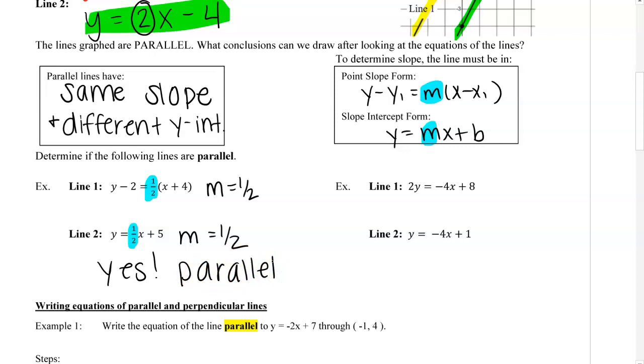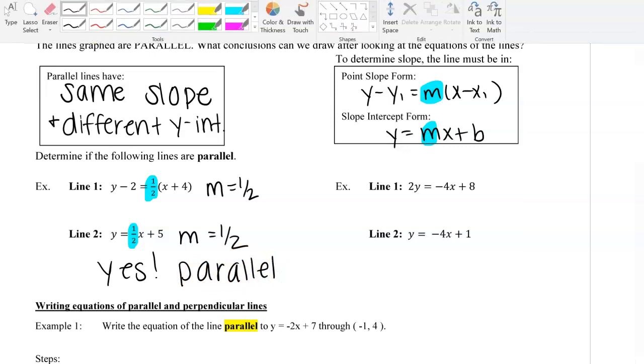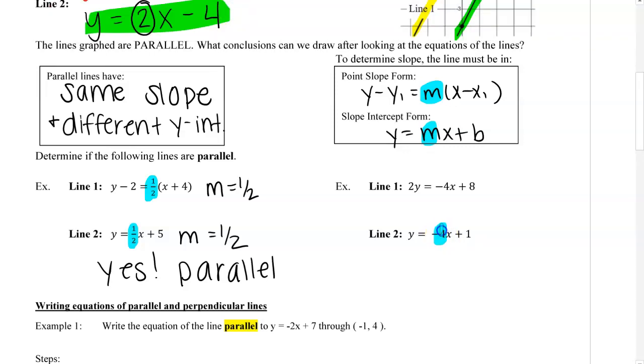In the other example, in line 2, I can already see my slope is -4. The reason I can already see my slope is -4 here is because it is in the form y equals mx plus b, because y is by itself. In line 1, y is not by itself, so in order to determine what the slope is, I would have to get y by itself.